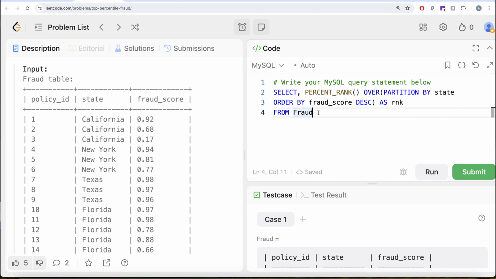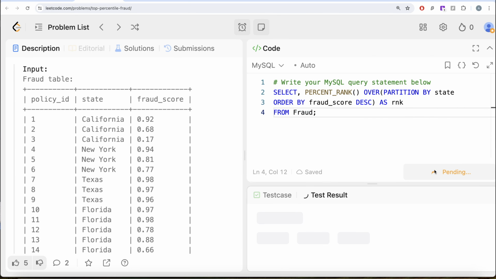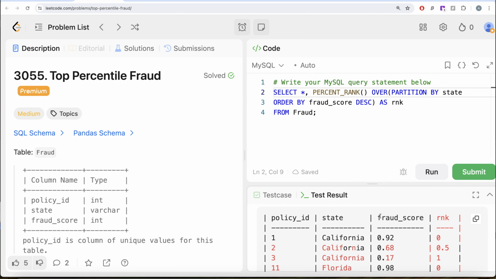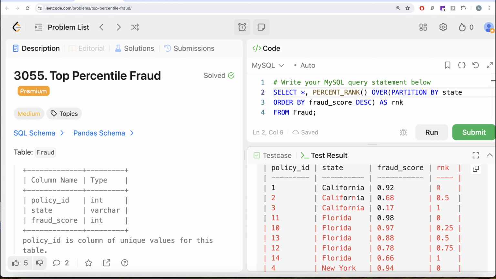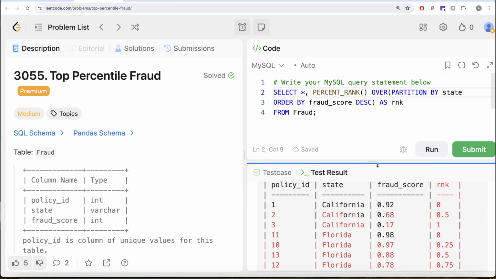Let me go ahead and run this and let me explain what is actually happening. If we look at this, this is assigned rank 0, this is assigned rank 0.5 and this is assigned rank 1. What does this mean actually? When it says 0, that means it is in the top 100 percentile. Just think about this.